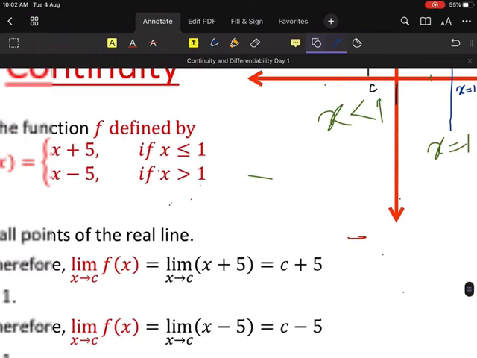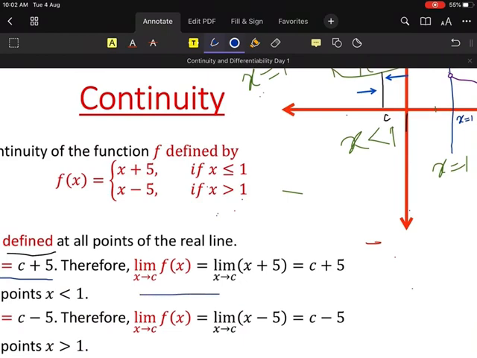And that is the reason we combine the left hand limit and right hand limit and we write this combined form. Everyone clear? Yes or no? Combined form: x tends to c minus and x tends to c plus. So I combine them, I am writing x tends to c. Everyone clear or not?